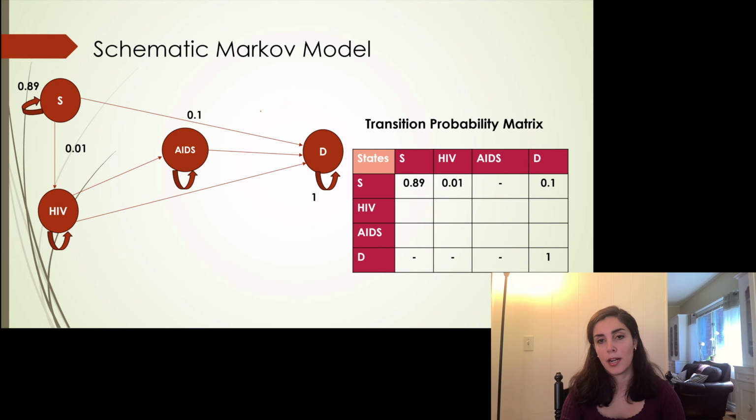The rule here is that, for instance, for a susceptible person, there are 3 options: get infected with HIV, stay susceptible and not get HIV, or go directly to the deceased compartment, which is not related to HIV at all. And the probabilities of that state should add up to 1. That's how the Markov model works.